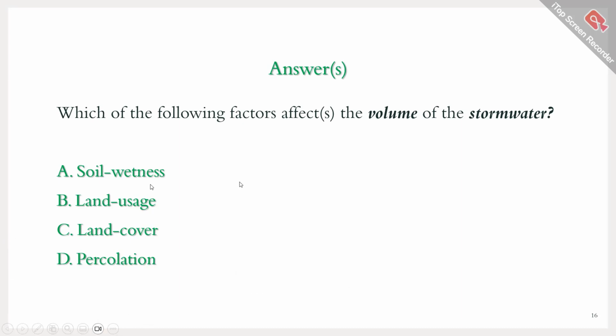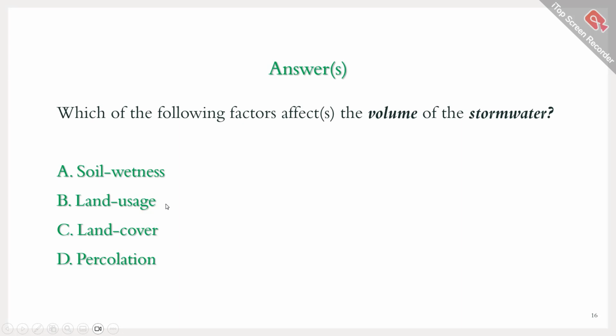If the soil wetness is more, the stormwater will be more. How you are using the land matters, because stormwater is nothing but the surface runoff, so land usage contributes to stormwater.